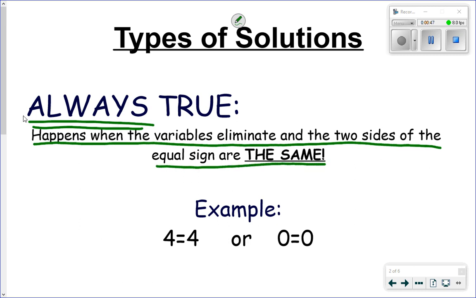The examples here, if 4 equals 4 or 0 equals 0, that's always going to be true. 4 is always going to equal 4, and 0 is always going to equal 0. So when we're solving these equations and we're getting them in lowest form, if we're left with a statement that's true, like 4 equals 4, 0 equals 0, then we're going to say that the solution is always.